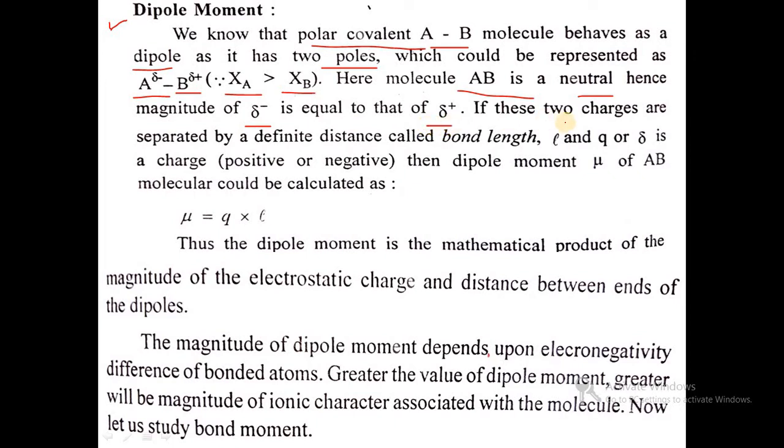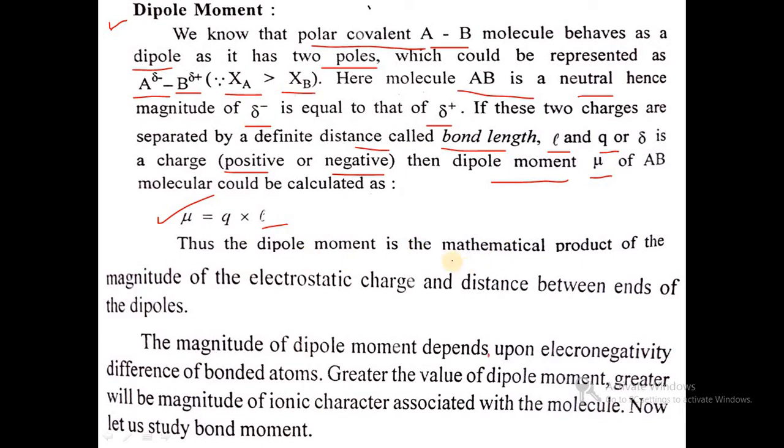If these two charges are separated by a definite distance called bond length L, and Q is the charge, positive or negative, then the dipole moment mu of the AB molecule can be calculated as mu is equal to charge into bond length, Q into L. This is the equation of dipole moment.